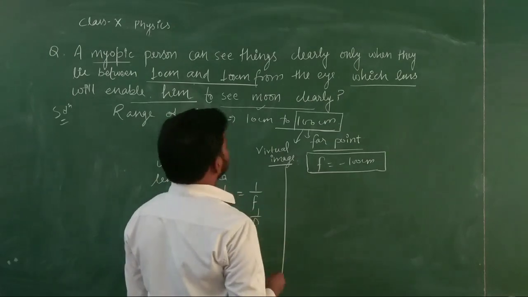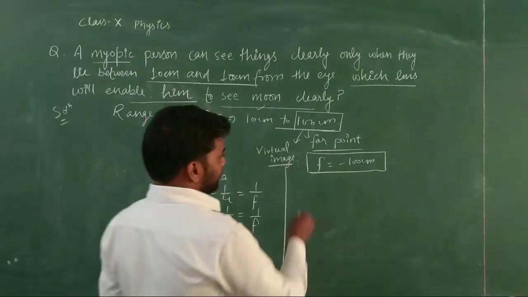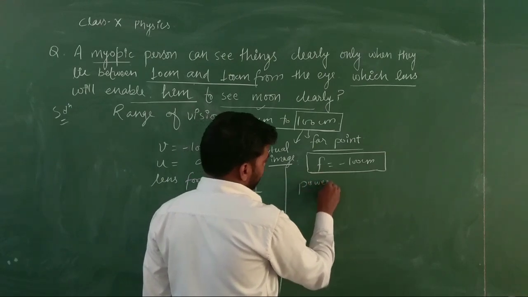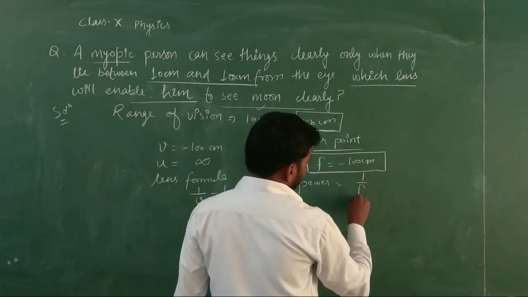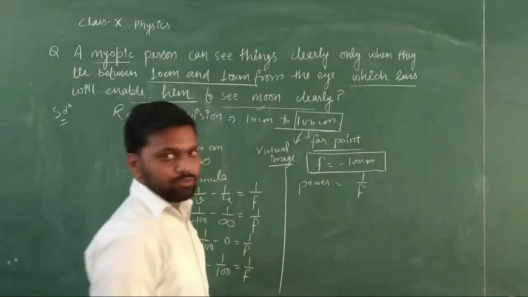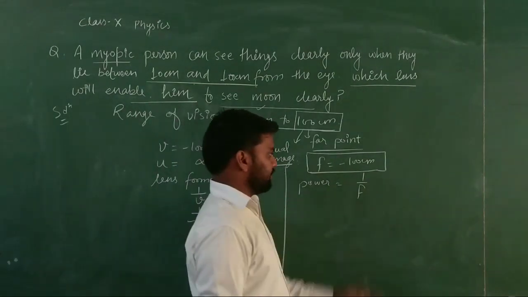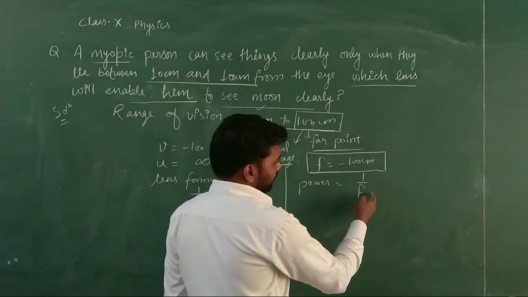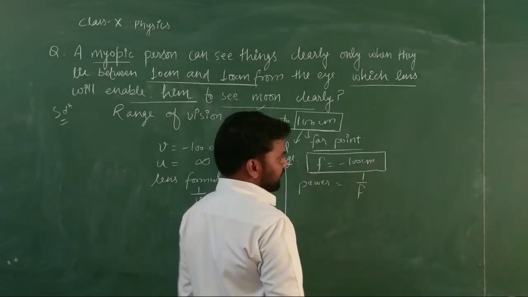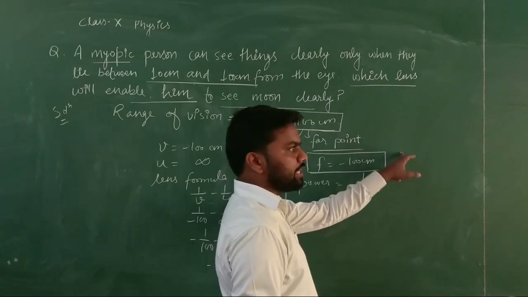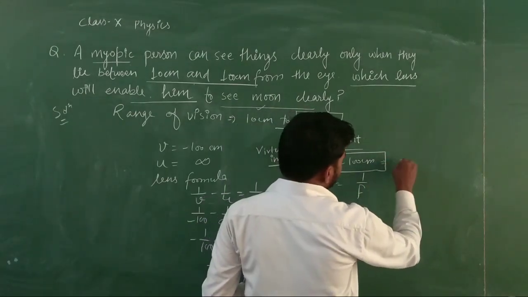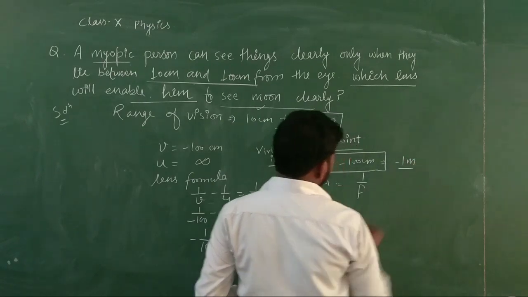Now we need to find out the power also, of which power we need to use. We know that power equals 1 upon f. But generally we use this formula when the focal length is given in meters. Here the focal length is given in centimeters, so we can convert it to meters. It will be minus 1 meter.